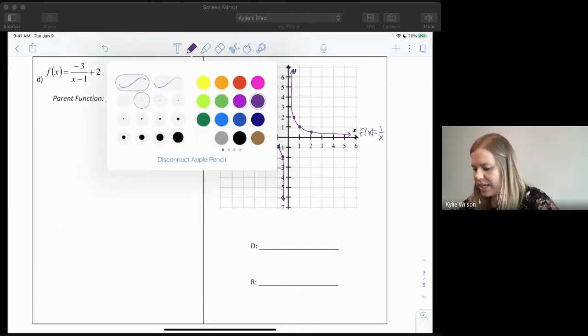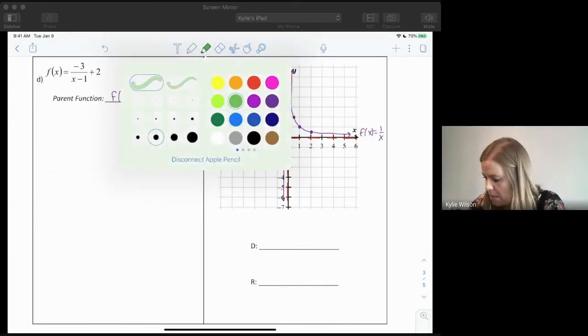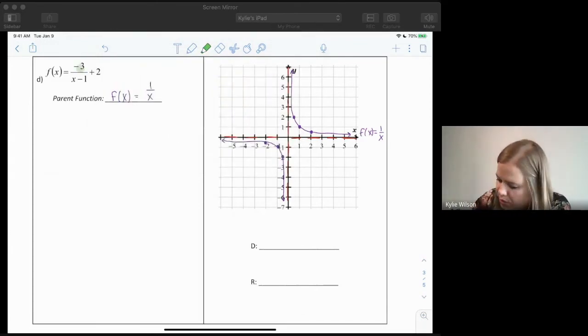So let's just take note that our asymptotes right now are right here. That's where they're living right now, and they haven't moved just yet. Now let's quickly identify our transformation. First we have an a value of -3.